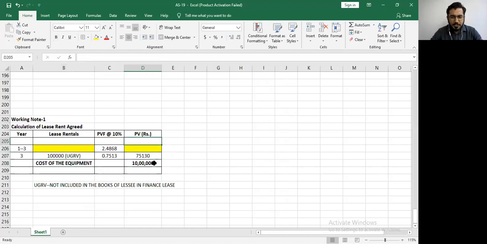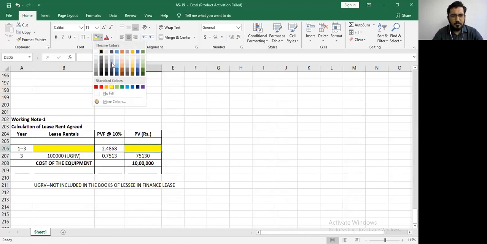Now, if this much is clear, can we find out the missing values? And if yes, can you help me with the first missing value, that is this one? The blue one is your first missing value.